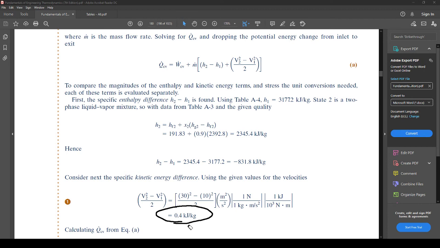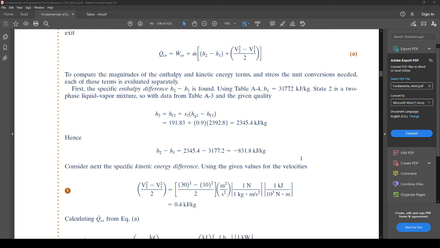It tends to be very, very small. Because these were very small velocities, it's very small, but even if there's a big difference, you'll get a very small number too, like 5 or something. It won't be very much ever, but it's still significant if there's a big enough velocity difference.